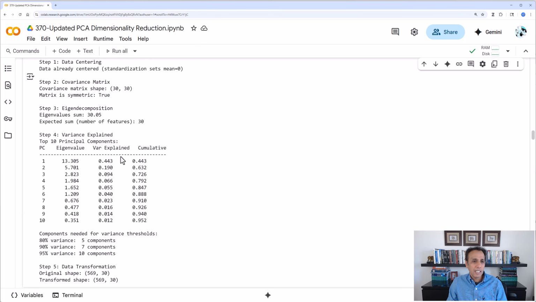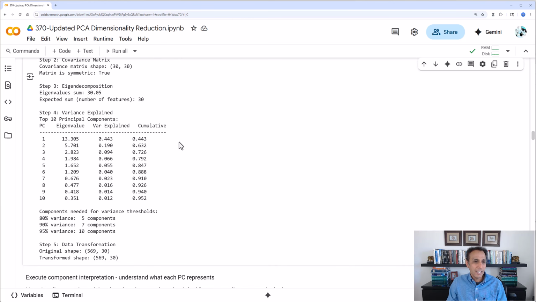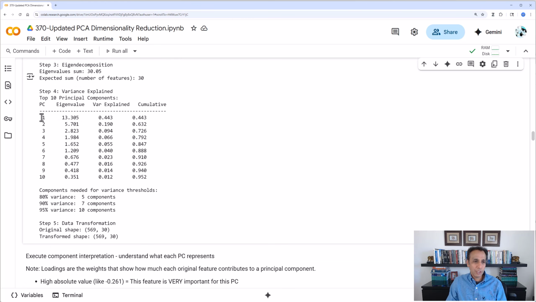Eigenvalues right there. Eigenvalues sum to 30.05. I mean, they should add up to approximately how many features you have. We have 30 features, so not bad. And variance explained: the first principal component has an eigenvalue of 13.3. And if you look at the ratio, you get 0.443, which means it explains 44.3% of information contained in our original data set.